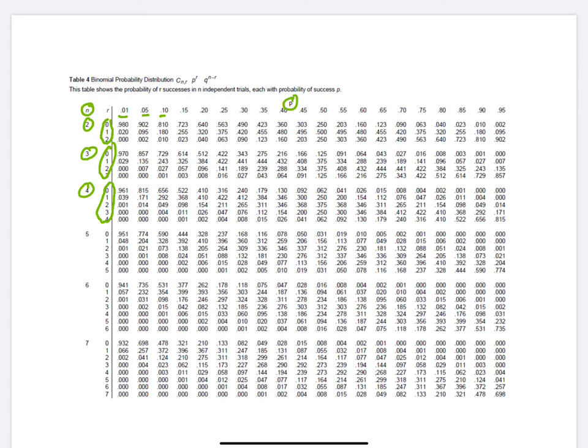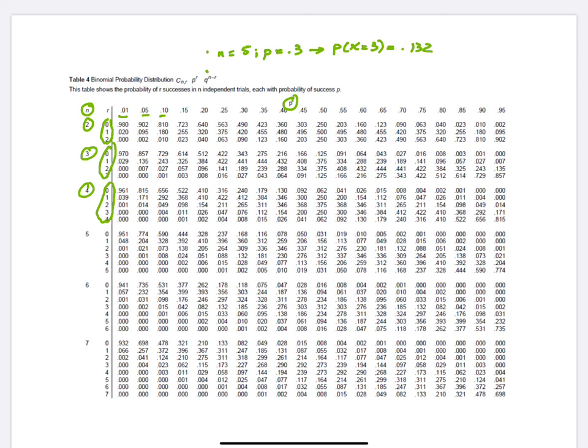Earlier we had n of 5, p of 0.3, and the probability that x is equal to 3 is 0.132. That's our first example.